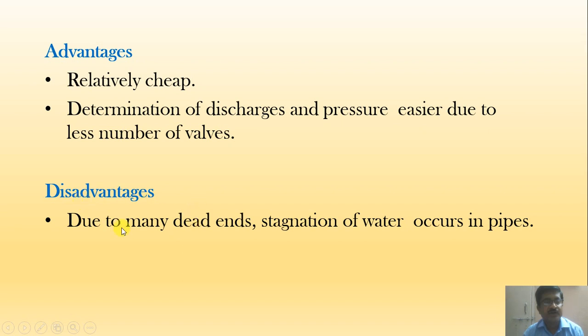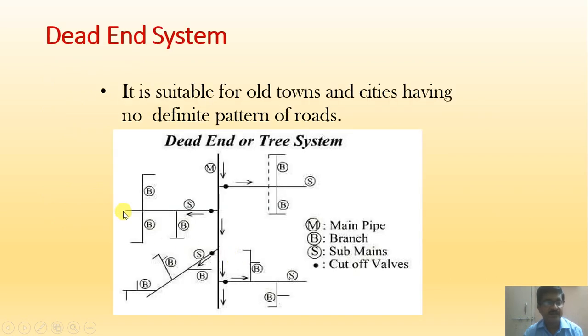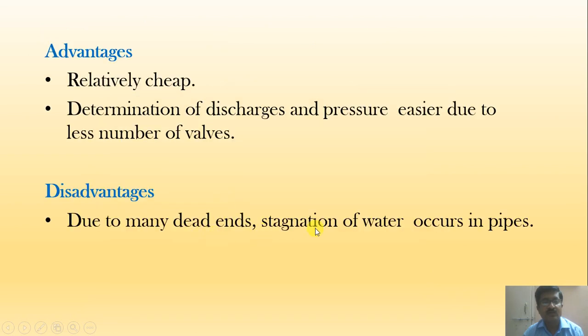Disadvantages: due to many dead ends, stagnation of water occurs in the pipes. As in a tree system there are a number of dead ends, as you can observe here, stagnation of water may occur at the various pipes.